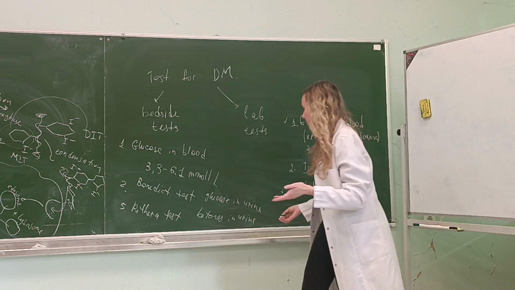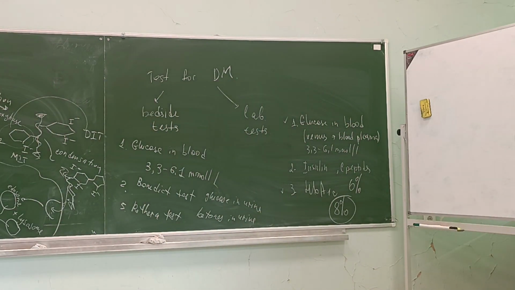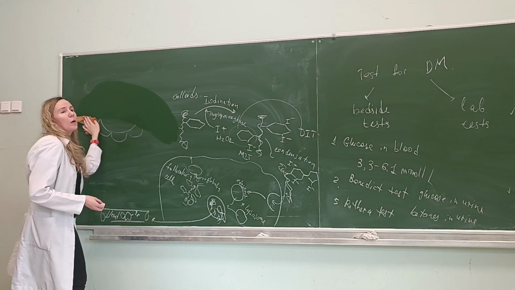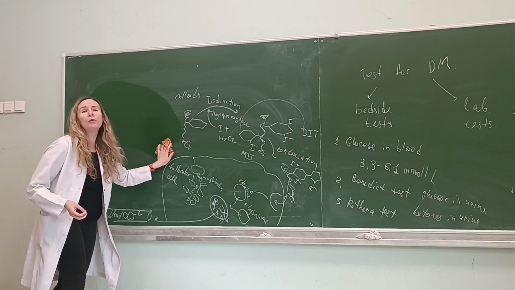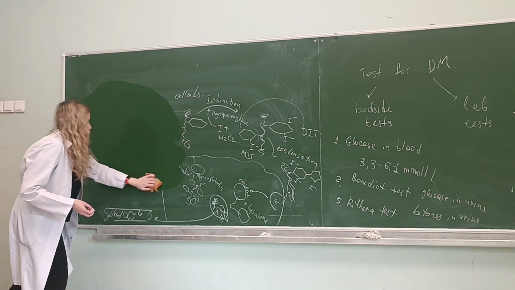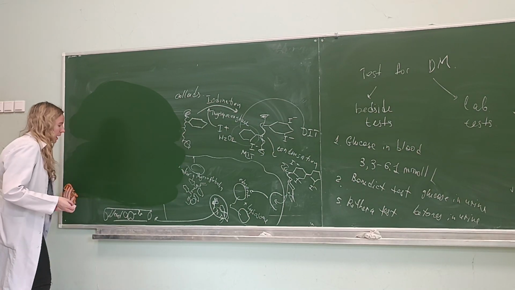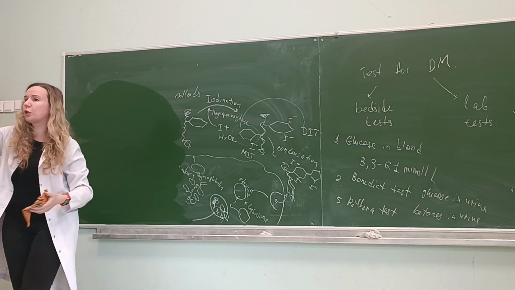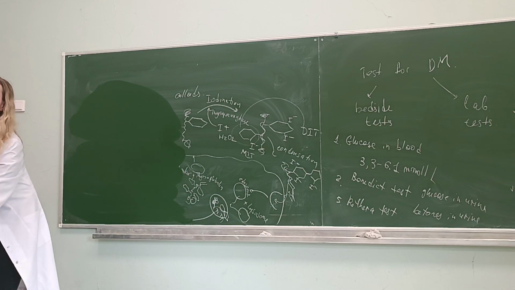What else can we do in the laboratory? Do you remember that diabetes mellitus type 1 is an autoimmune disease? Very often it happens in childhood, and our immune system starts to destroy beta cells of the pancreas.